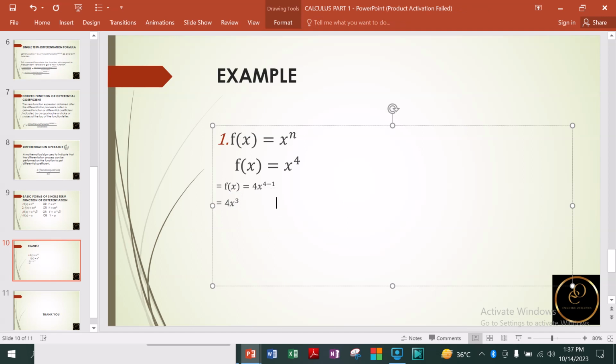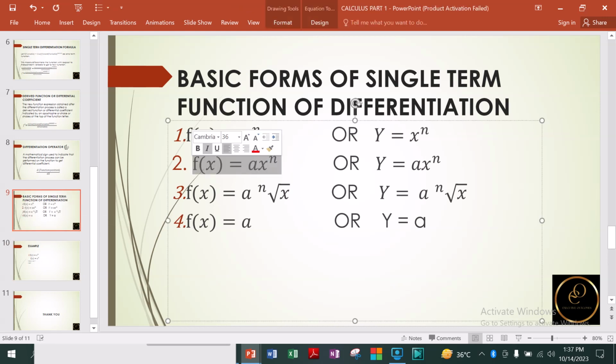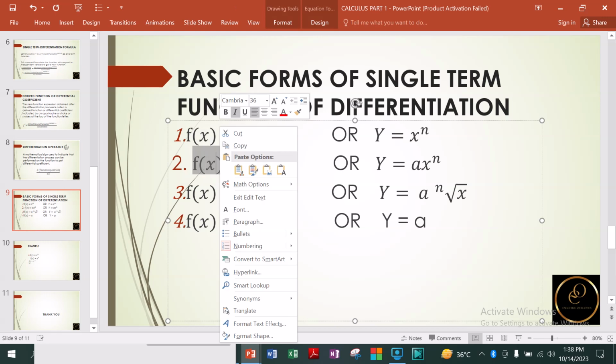So we have differentiated this function with respect to x. That's what happens in this particular case. So we move on to look at another one, number 2. How do we work out a function in this format, on this form?